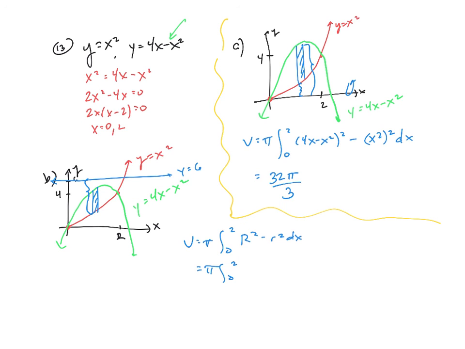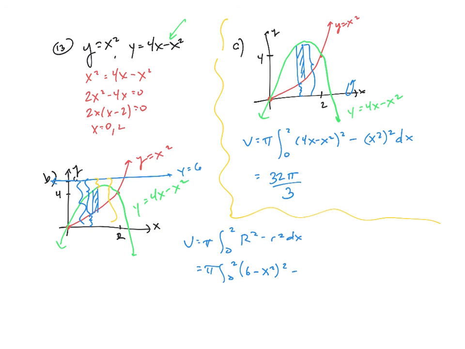So that distance is going to be this whole distance, which is 6, minus the red, which is x squared, minus little r, whoops, which is not that, which is the distance from the axis of revolution to the closer end of the rectangle. And that now is going to be the whole distance and then minus the green.